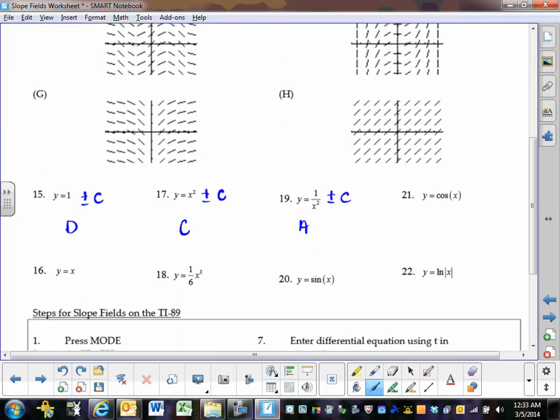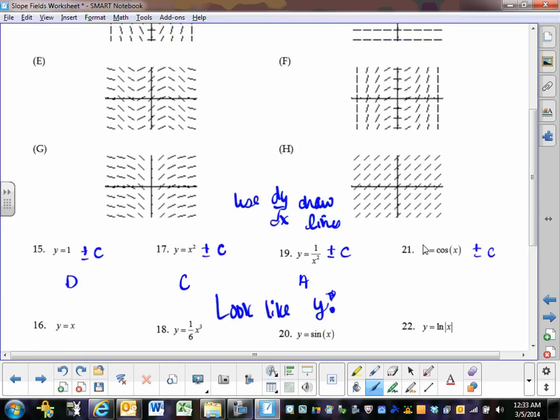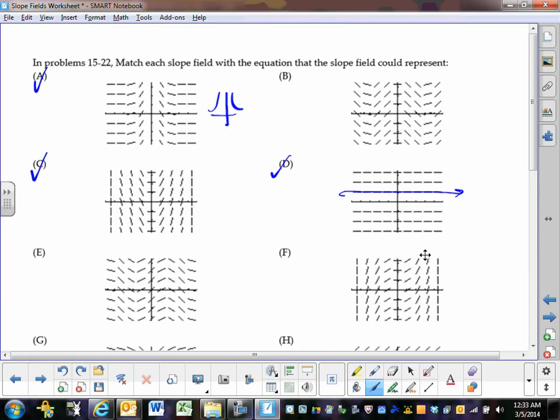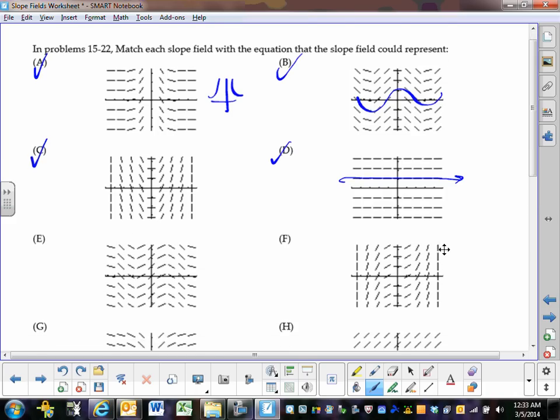And again, you use dy dx to draw the lines, but the graphs look like y, because that is exactly what you're getting, the y value. You're using dy dx to approximately draw the graph of y plus or minus c. So if y equals cosine of x plus or minus c, then your graph should look like cosine of x plus or minus c. So the answer would be B.